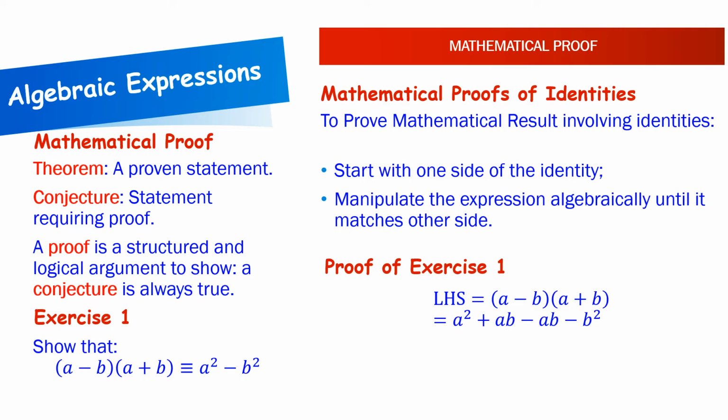Now let's tidy up. ab minus ab becomes 0, so we're left with a squared minus b squared, as shown. And this, of course, equals the right-hand side.